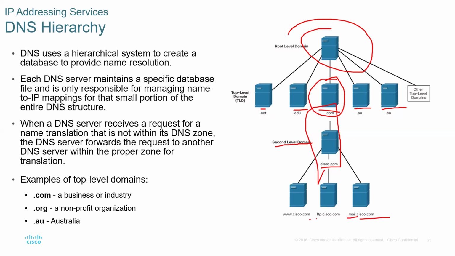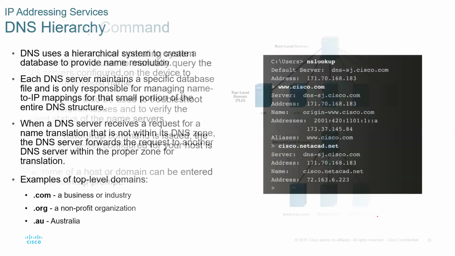You can have ftp.cisco.com. Okay, so that's how you get to know the subdomain name. So let's say you have mbte, you can have maybe students.mbte, or transcript.mbte, or the name of the institution.mbte and things like that.